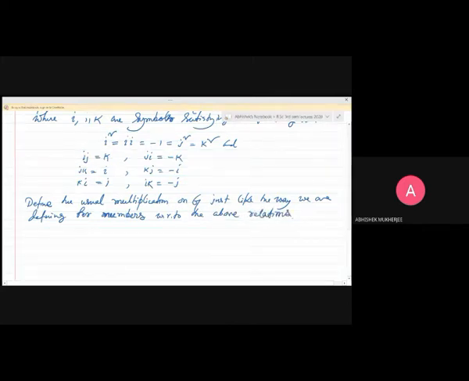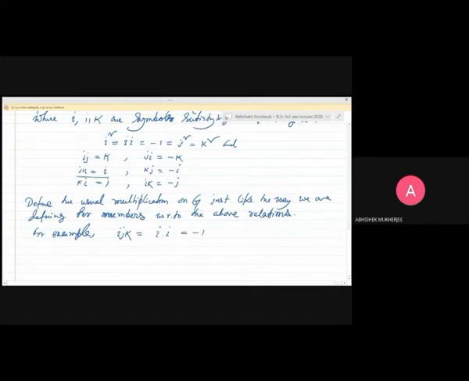That means suppose for example you take ijk, right? So what would be ijk? Now you have defined jk as i, right? So it is i times i. Now what is i square?